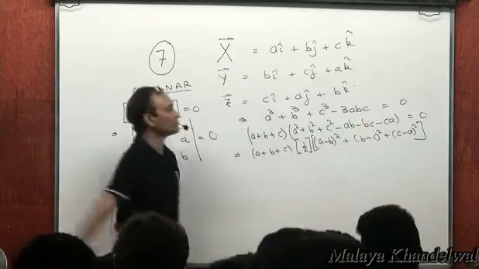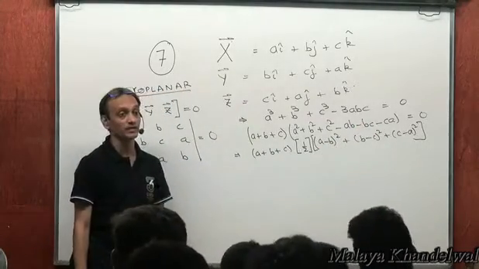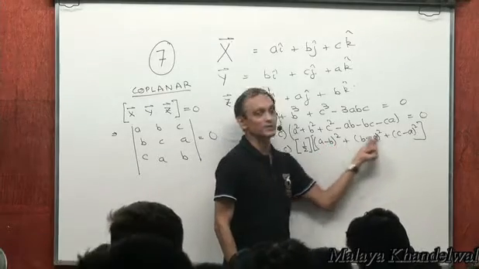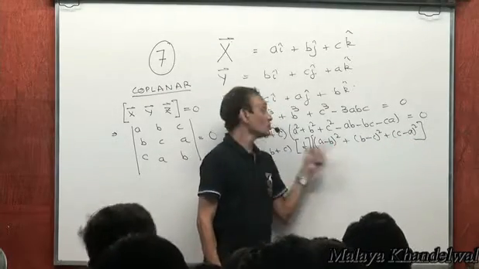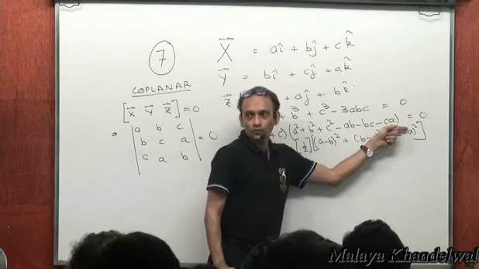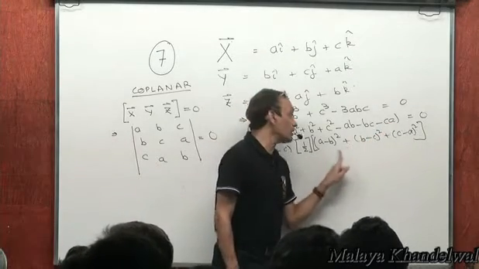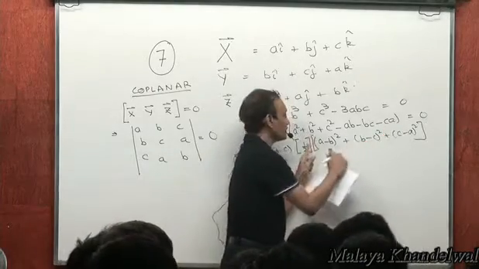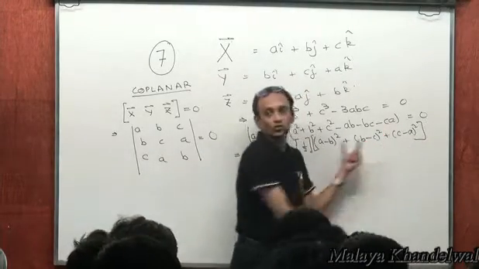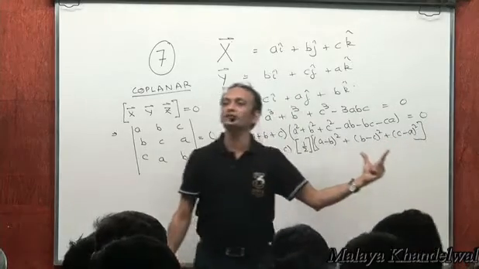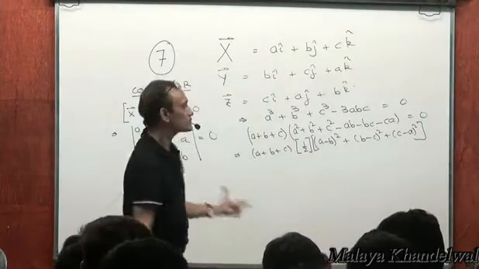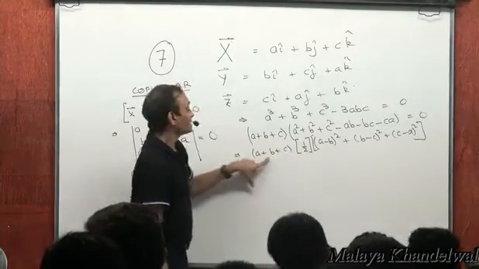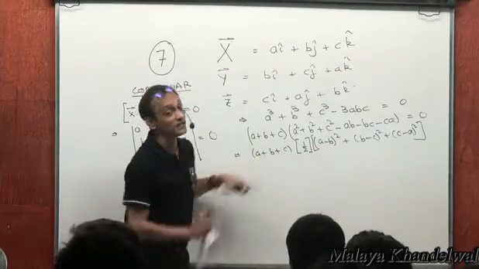Now, this cannot be 0, because if this were to be 0, then each of these squares would be 0, a sum of 3 non-negative numbers, causing a equal to b equal to c, because they are real numbers. Otherwise, it would lead to a equal to b equal to c, so this factor can't be 0. This must be 0. A plus b plus c must be 0.